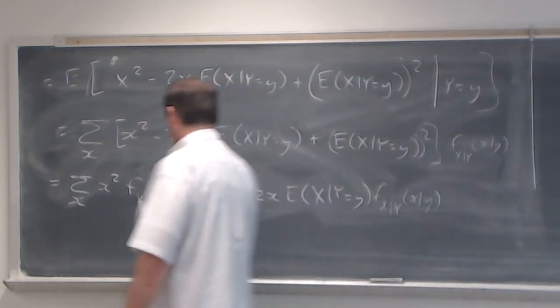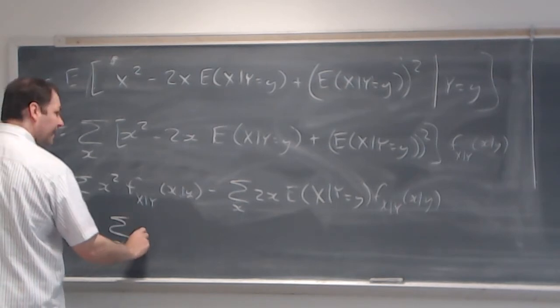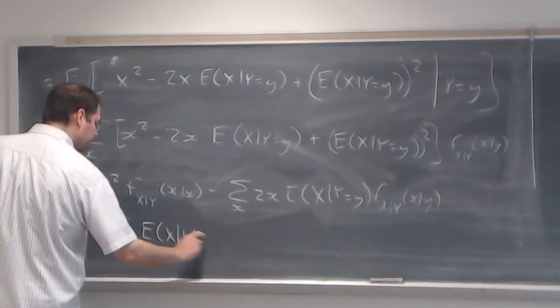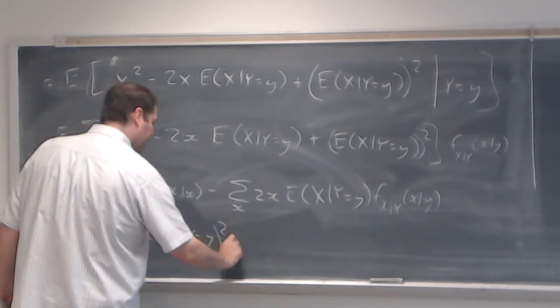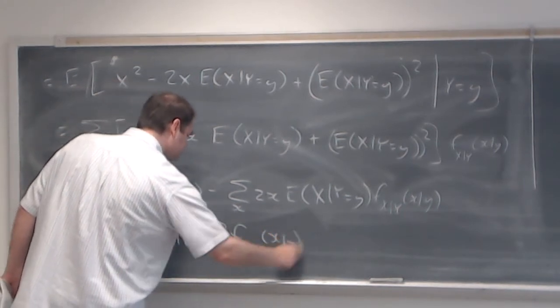And finally, we have plus the sum over all x values of the conditional expected value of x given y, this to be squared, times the conditional PMF of x given y.